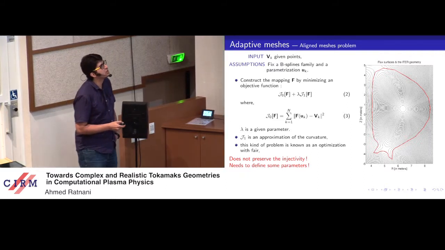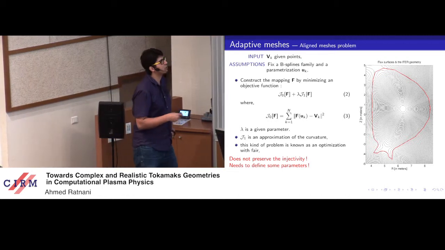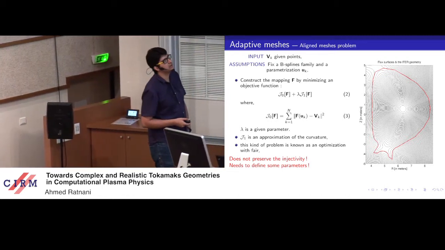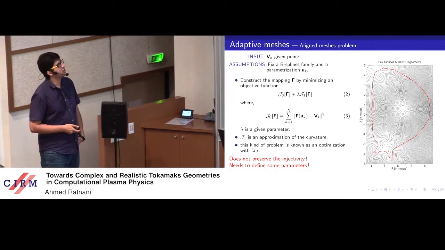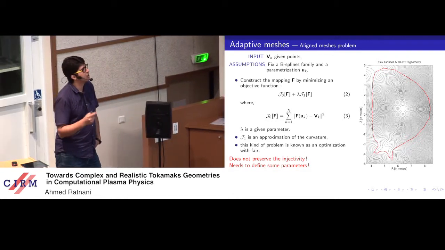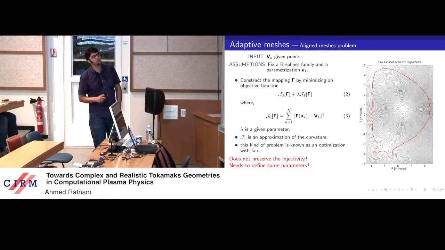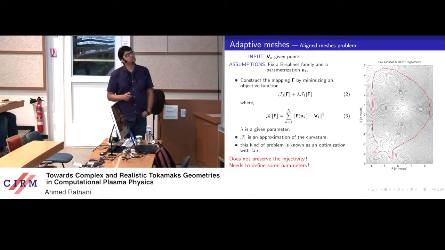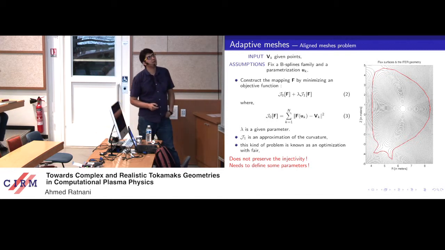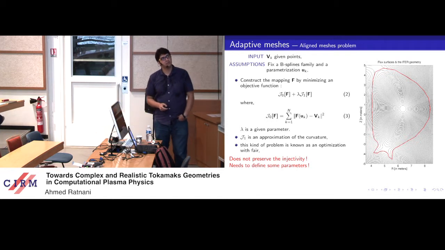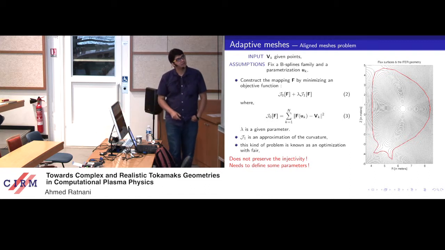One approximation that you can use for G1 is the thin plate approximation, and this leads to the bi-Laplacian when you try to solve this with a linear system. So this construction does not lead to injectivity, and you need a lot of parameters to do it, but it's quite easy to have it.